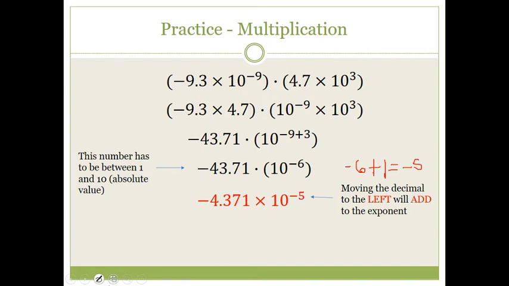Because moving to the left adds to the exponent. Add 1 to here. And so that one was a little tricky. Just make sure that you are following all those rules that you learned, all the way since the 4th or 5th grade, about how to multiply and add and subtract integers.